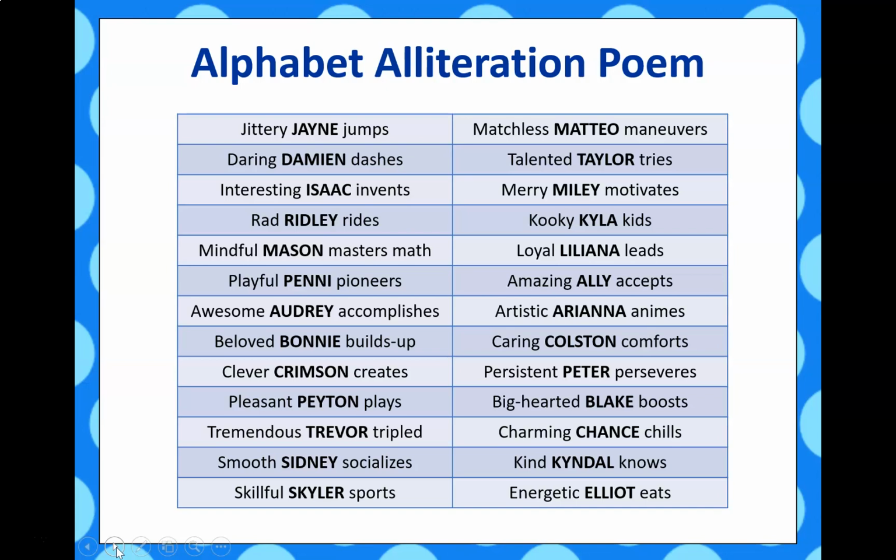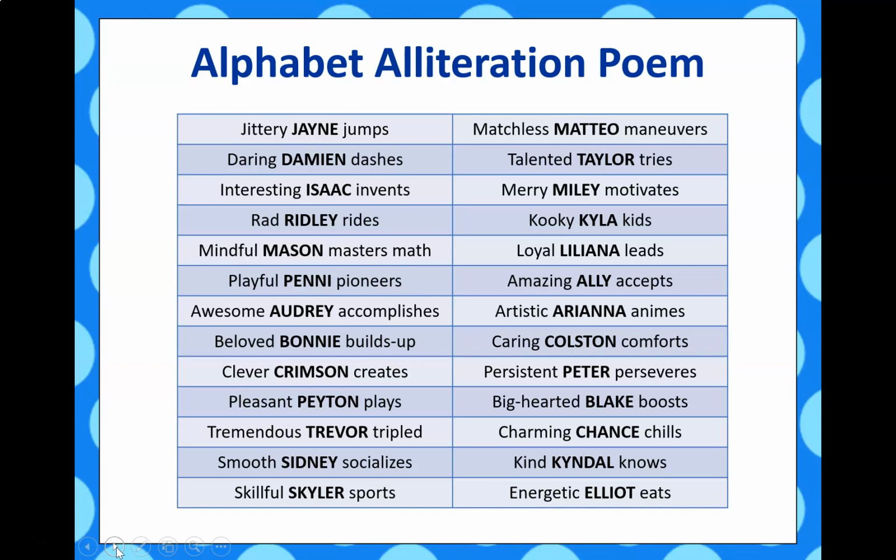Jittery Jane jumps, matchless Mateo maneuvers, daring Damien dashes, talented Taylor tries, interesting Isaac invents, merry Miley motivates, rad Ridley rides, kooky Kyla kids, mindful Mason masters math, loyal Liliana leads, playful Penny pioneers, amazing Allie accepts, awesome Audrey accomplishes, artistic Ariana animes, beloved Bonnie builds up, caring Colston comforts, clever Crimson creates, persistent Peter perseveres, pleasant Peyton plays, big-hearted Blake boosts, tremendous Trevor tripled, charming Chance chills, smooth Sydney socializes, kind Kendall knows, skillful Skylar sports, and energetic Elliot eats.